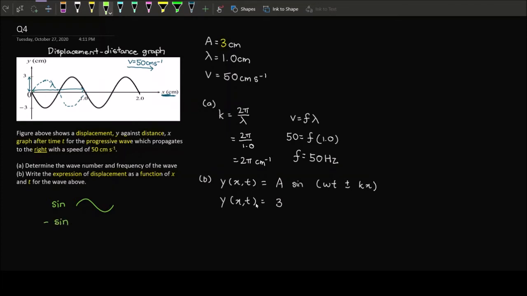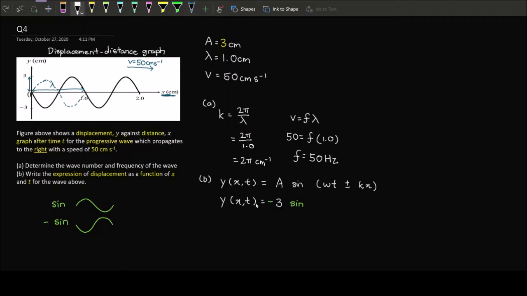A negative sine graph should look something like this. Knowing that, we can avoid a silly mistake by writing a negative sign in front. It should be a negative sine graph. So it's very important to make sure the shape of the graph aligns with the trigonometric function, sine or cos, that you use, and whether there's any negative or positive sign or not.